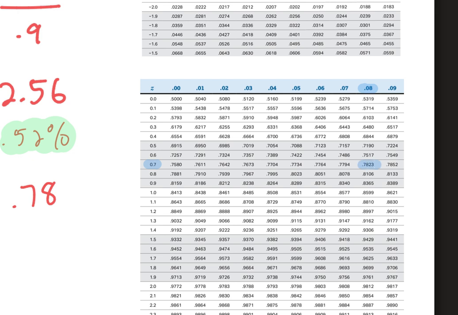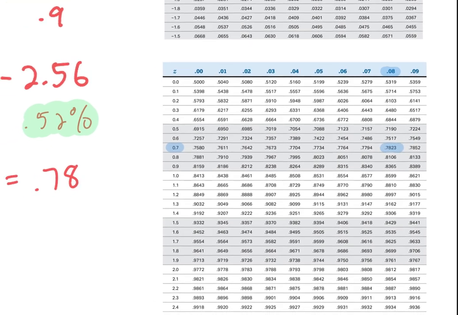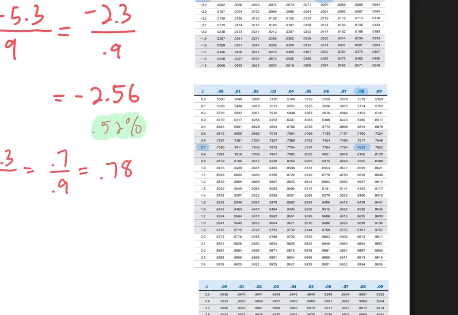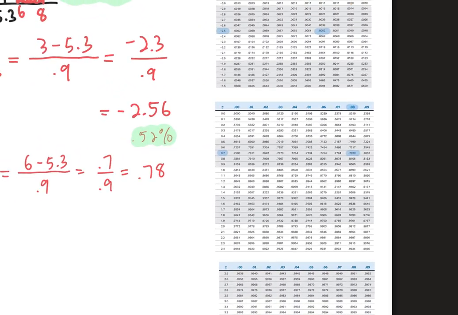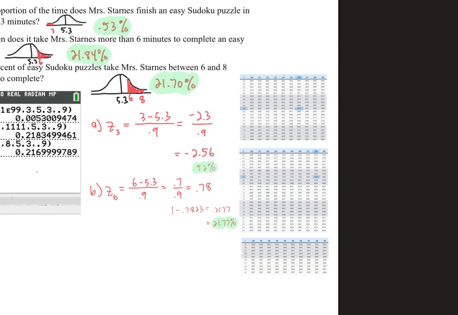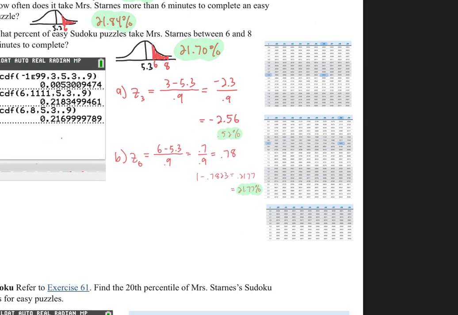So right there. And we want the values that are more than 6, so we'll have to do 1 minus 0.7823, which is 0.2177, so 21.77%. Before, yeah, 21.70%. So now they're off by a little more because we had to round the z-scores.